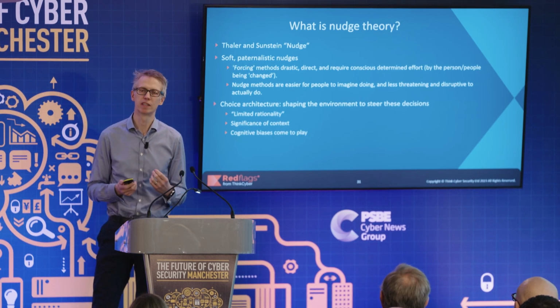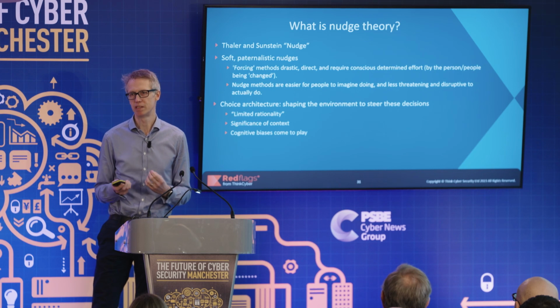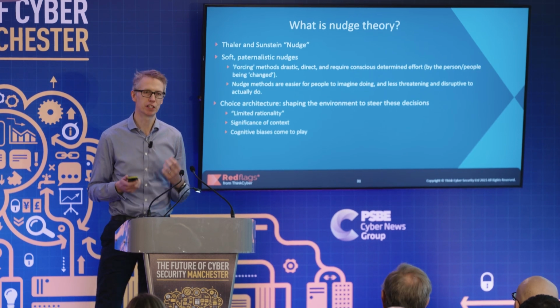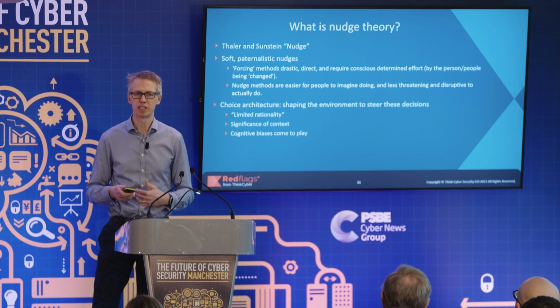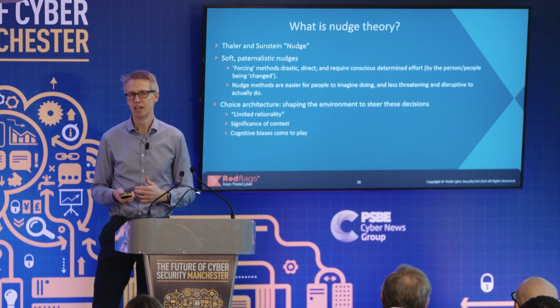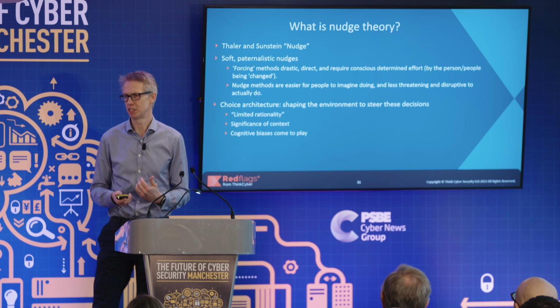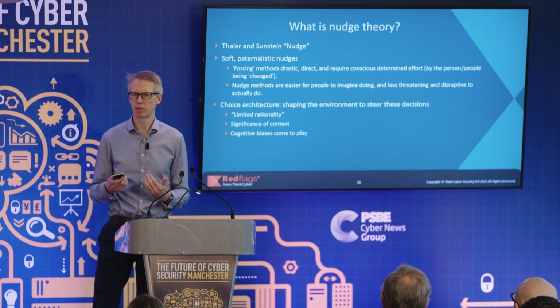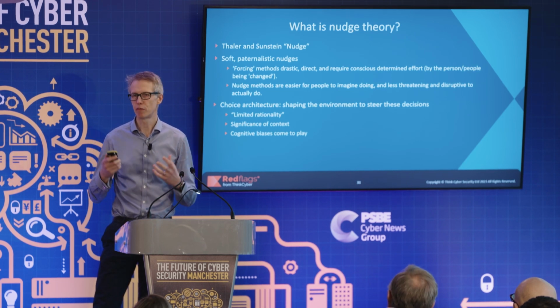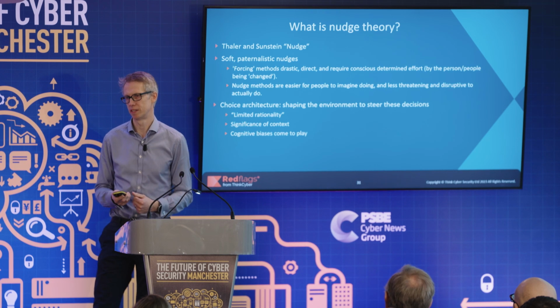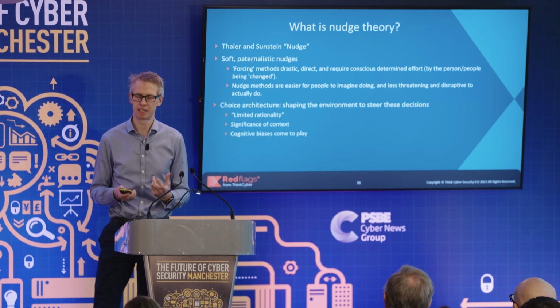The reason this works is this concept of limited rationality. We used to think that we all made really deliberative, thought-through decisions, trying to maximise our gains and minimise losses. The reality is we don't always make decisions like that. So Kahneman and Tversky were thinking about, well, why is that? The idea is that quite a lot of the time, our brain has a lot of information to process, and it takes shortcuts, and it uses cognitive biases.